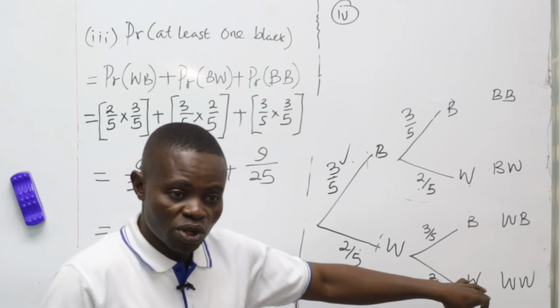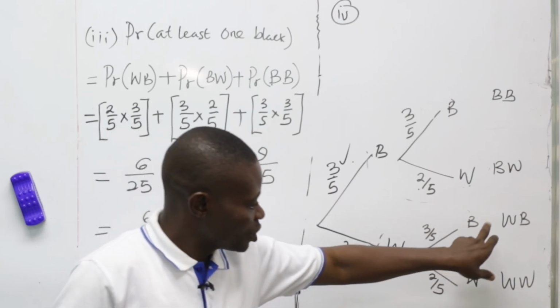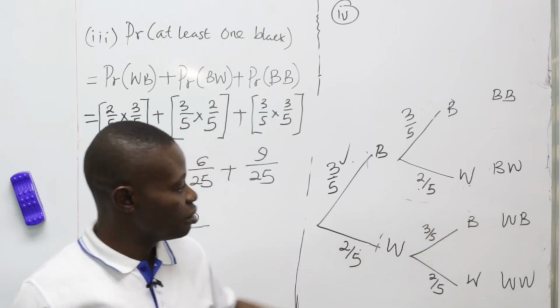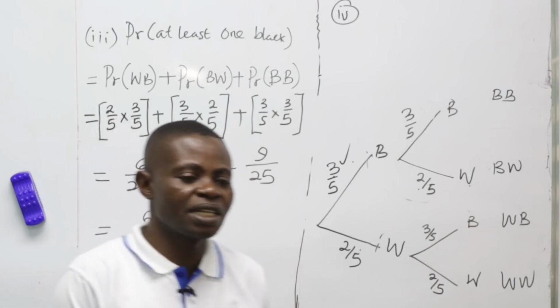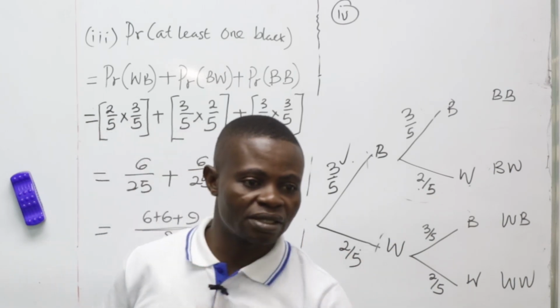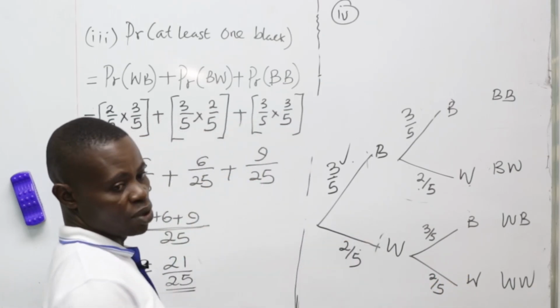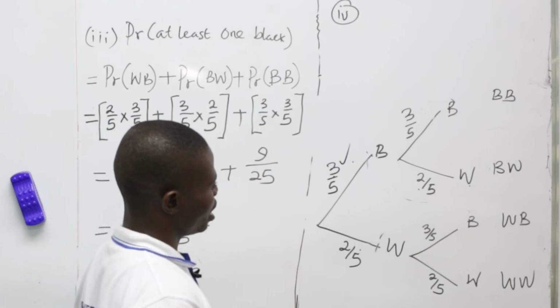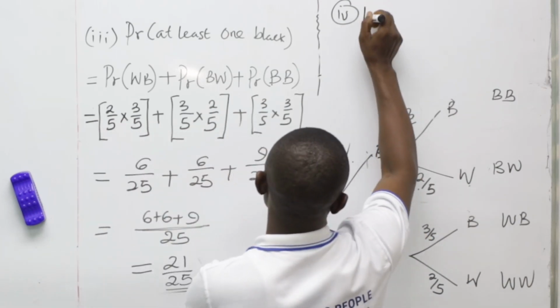Meaning it's going to be probability of white white, white black, black white, but not black black. Or you simply say, just save yourself the time, 1 minus at least 1 black will give us at most. Let's see. Let's check it from here first. Then we'll try the other way around.